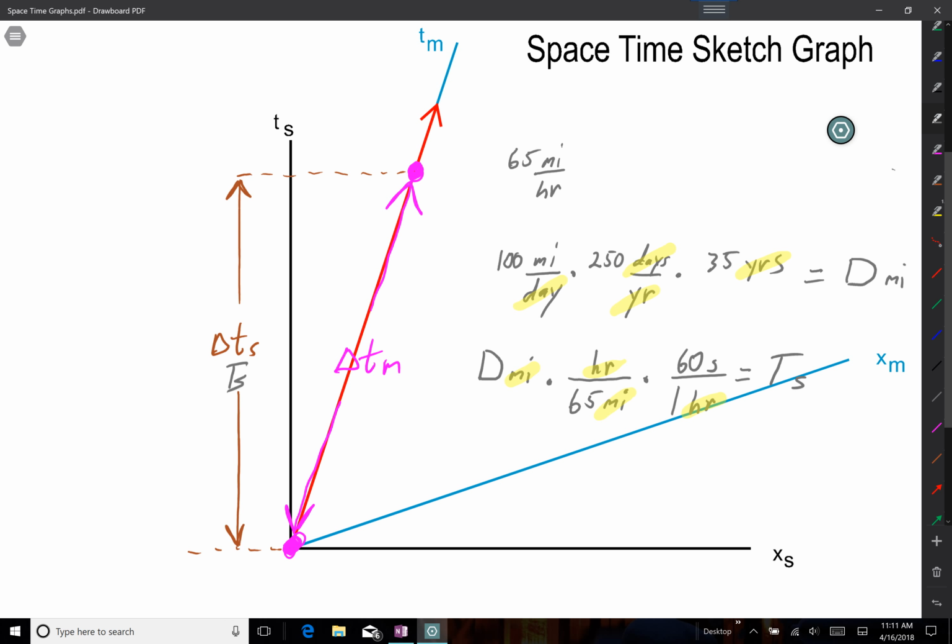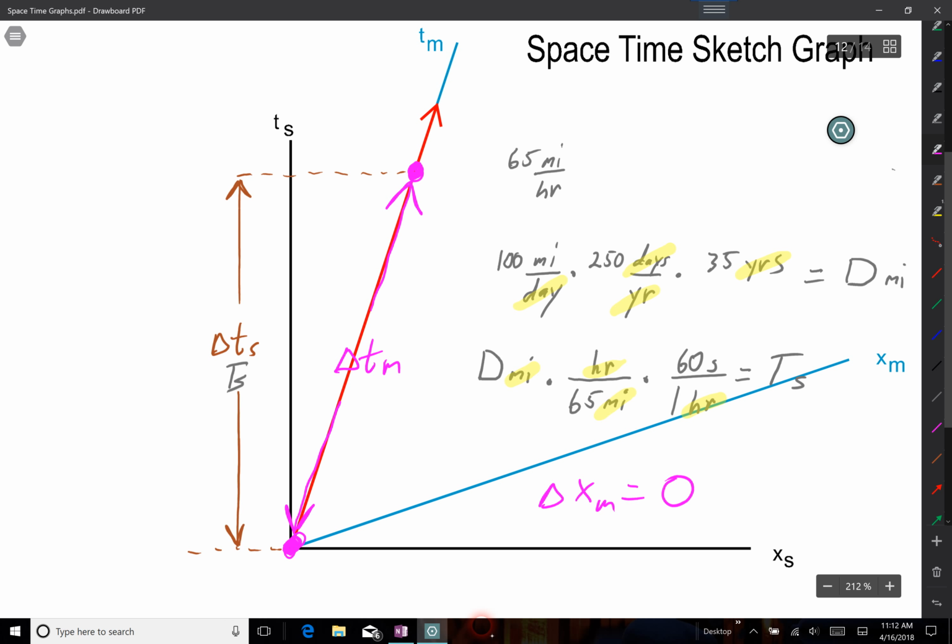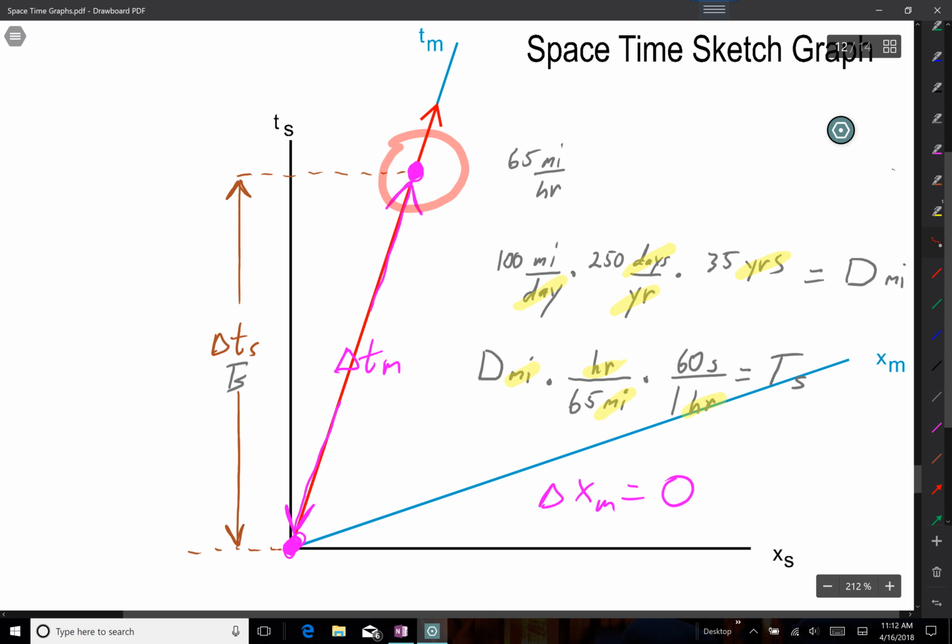And again, we have here delta xm equals 0. Because if I look at these two dots, they occur on this axis line.